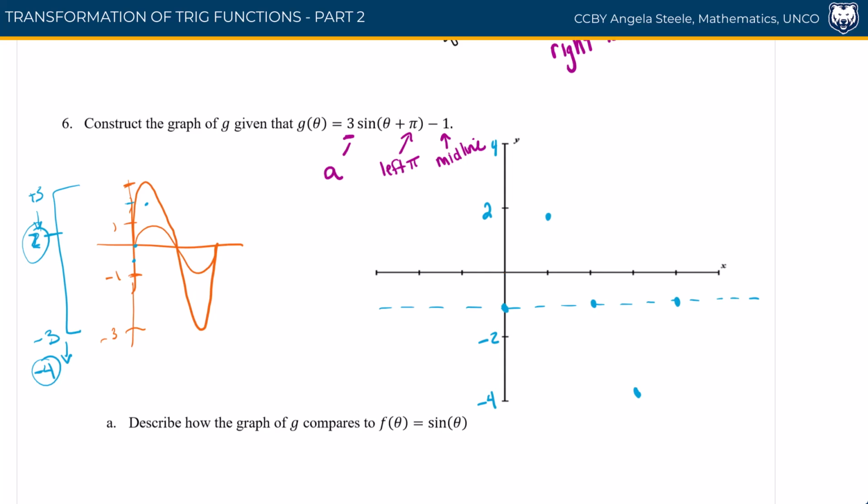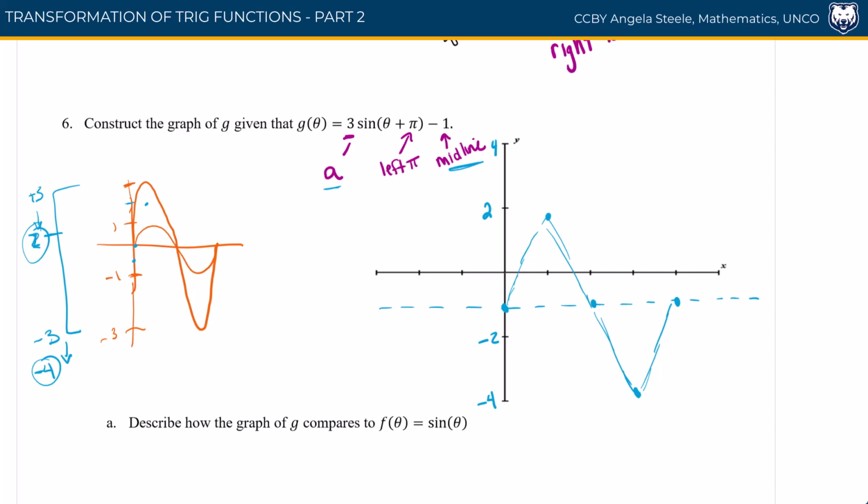We want to think about this midline as our new x-axis, because that x-axis has been shifted down 1 unit. I'm going to draw this in blue. This function right here only deals with our amplitude and our midline. We stretched it by a factor of 3 and then shifted it down 1.